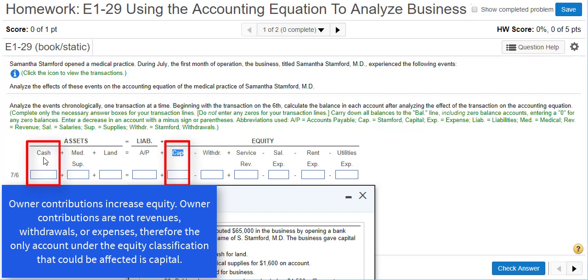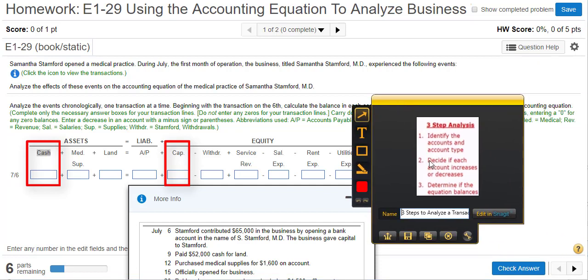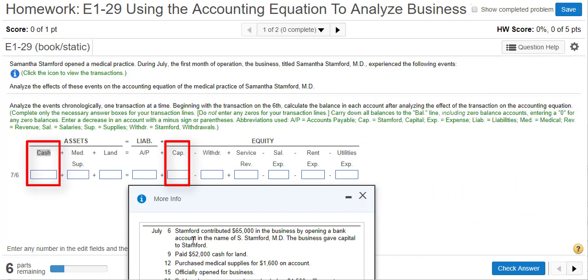So we know capital is affected. We know cash is affected. So let's start with cash. The next step, remember, is to decide if each account increases or decreases. When the owner contributes $65,000 to start the business, does the business have more cash or less cash? Well, we have more, so we're going to put a positive $65,000 here. Now, capital.